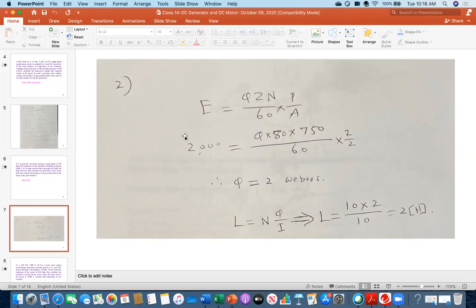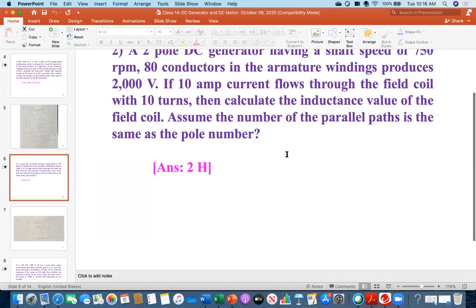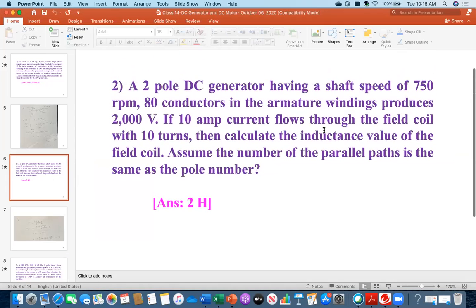So once again, for a moment, this was the problem. I have written down the answer here, 2 Henry. For the DC generator, several specifications or ratings are given, even the voltage is given. So definitely, because the voltage value is given, by using that equation you will be getting phi, the amount of flux.